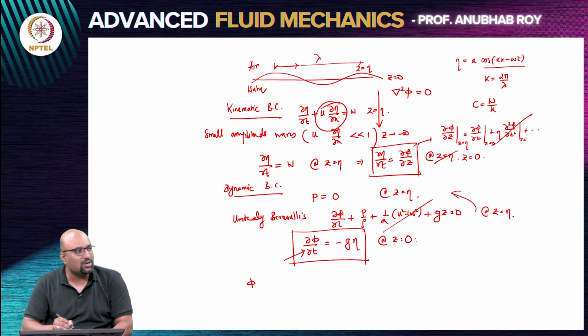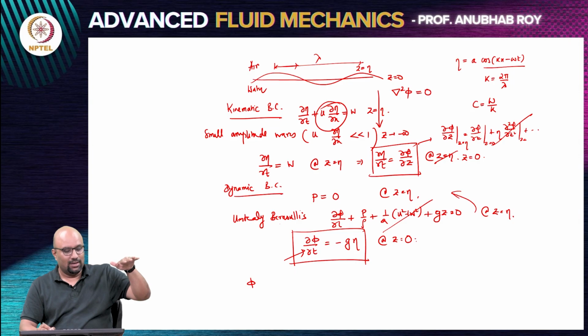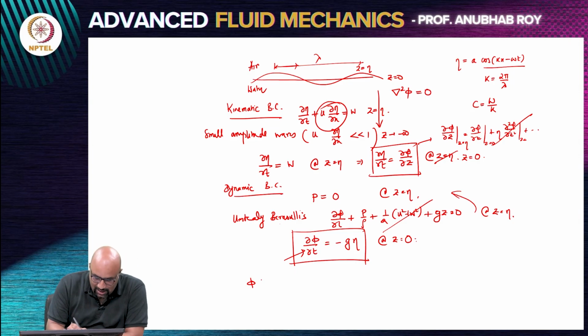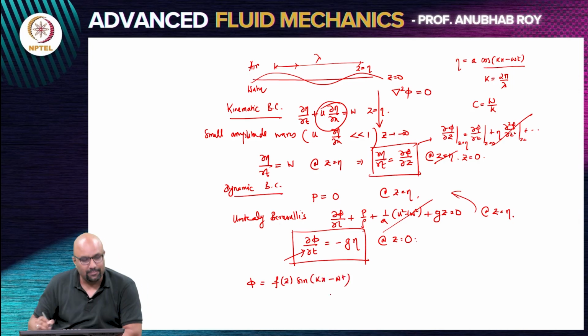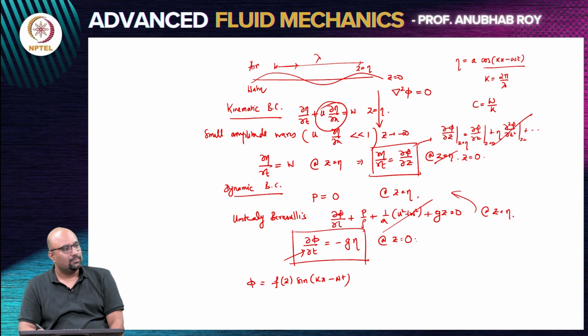So if η is cos(kx minus ωt), then the velocity potential should have a π by 2 phase difference, which means I am going to now assume that φ is some function of z times sin(kx minus ωt). This is an ansatz I am basically making by saying that there is some unknown function of z times sin(kx minus ωt). So the sin(kx minus ωt) comes in because it has to be a phase difference of π by 2 from the interface evolution.